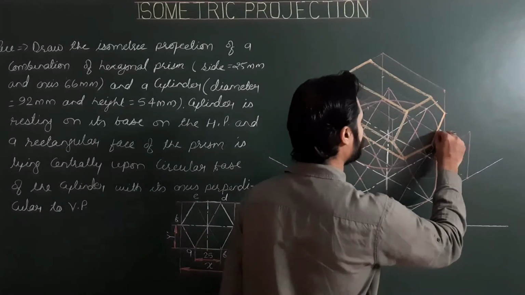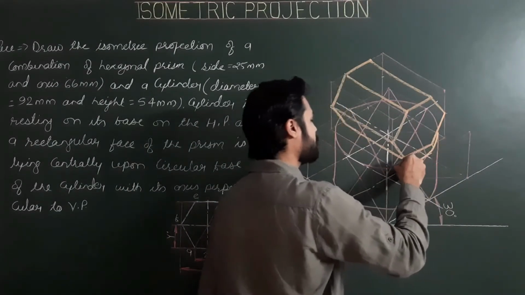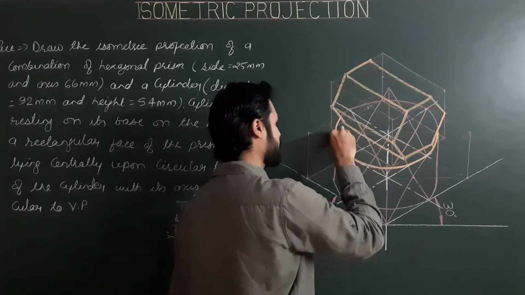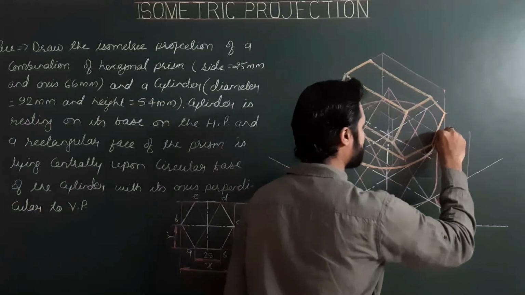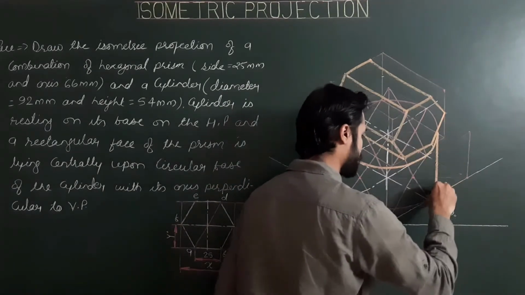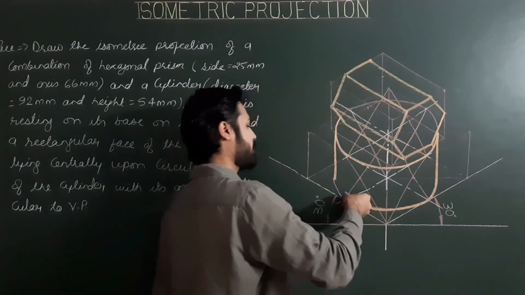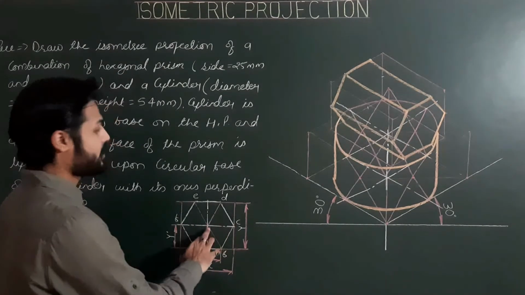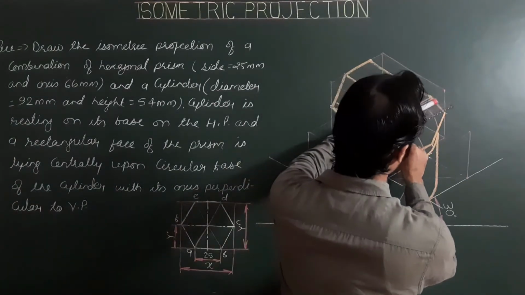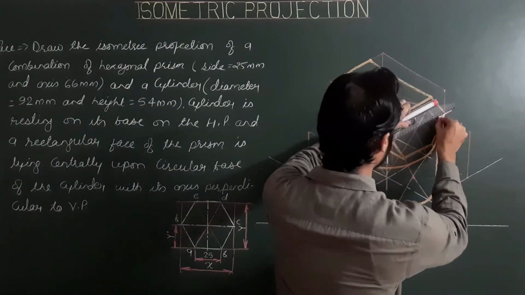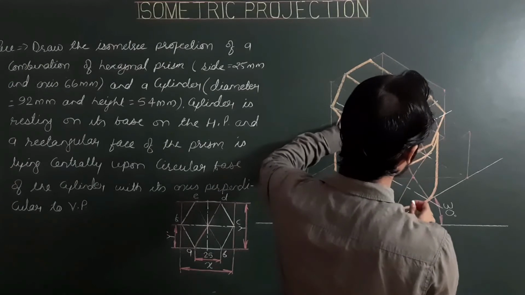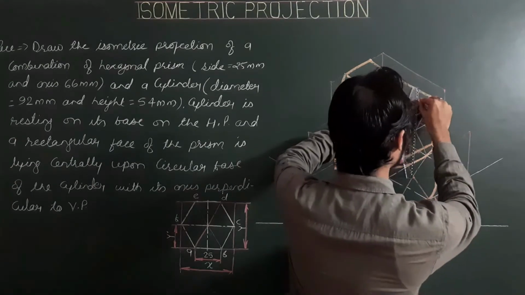Now the second solid. So this is the complete projection of the combination, and we have to locate the centers of the front and rear base for the hexagonal prism by drawing lines again parallel to the first and second iso axis.